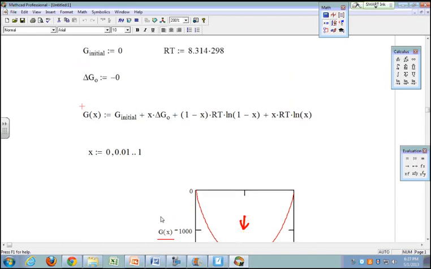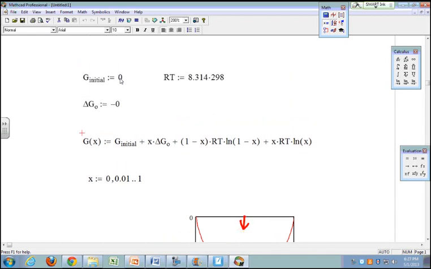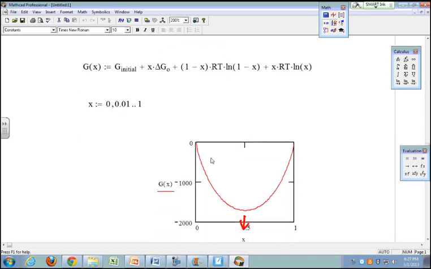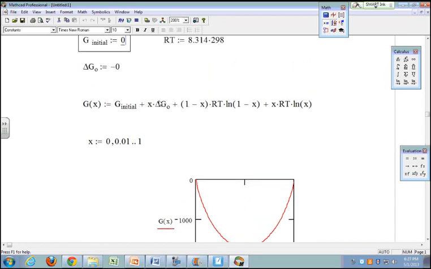Now, what would happen if my delta G naught were to become more negative? By the way, here you're able to achieve the largest possible delta G mixing, half a mole of A and half a mole of B. Now, what would happen if I were to make my delta G naught more negative?